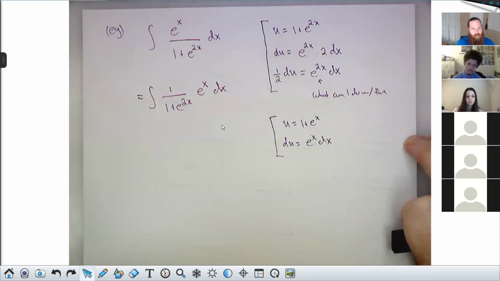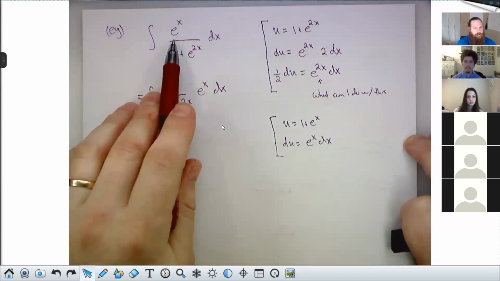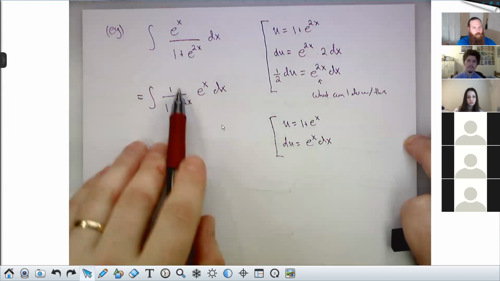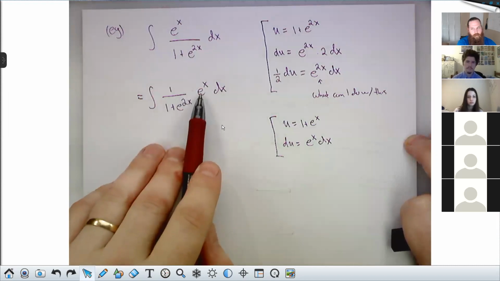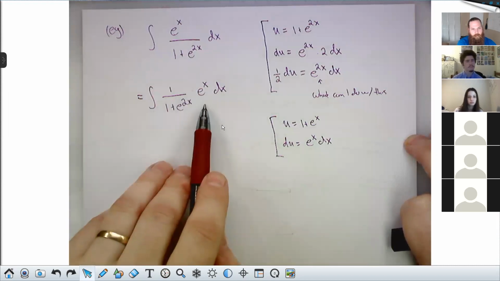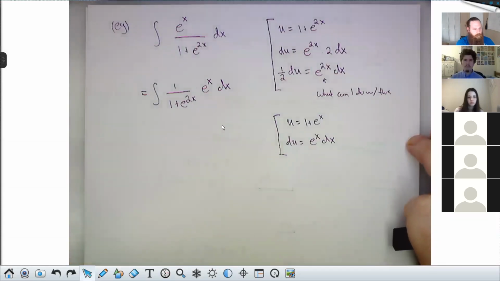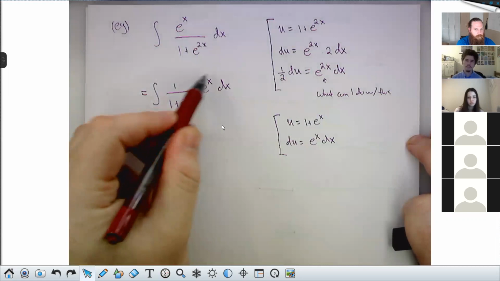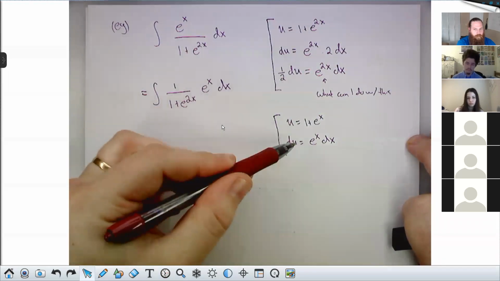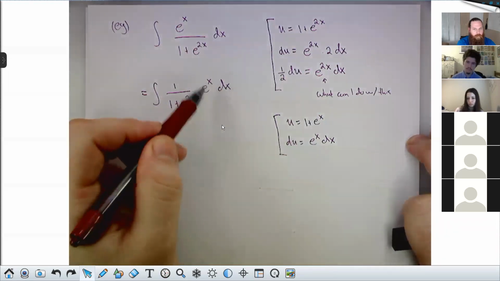Everybody agrees that these are the same, right? Having a factor of e to the x upstairs is the same as having a 1 there and an e to the x over here. When you multiply these two things, they're fractions, they multiply straight across. So now here I could have my du, right? du is e to the x dx. That piece would work.